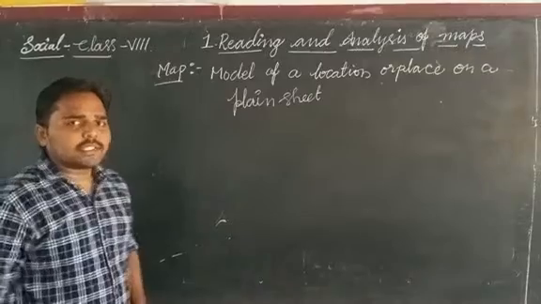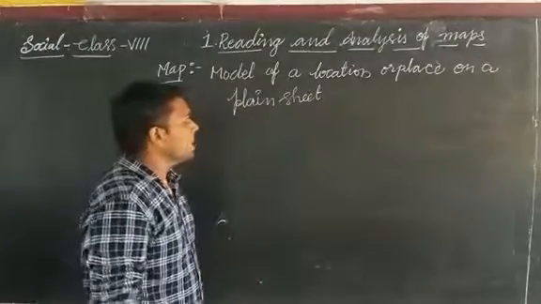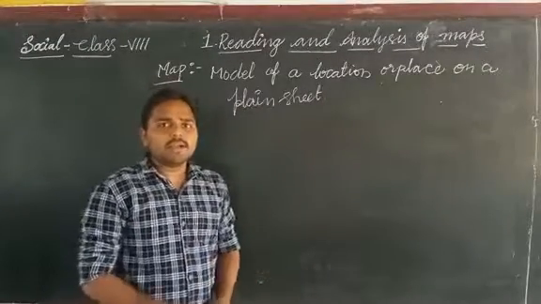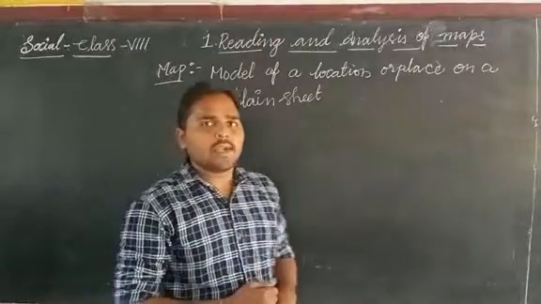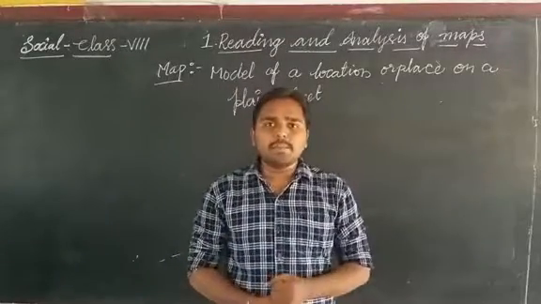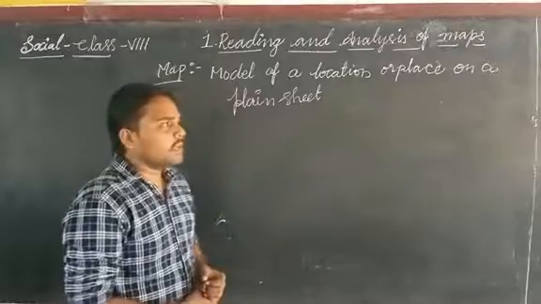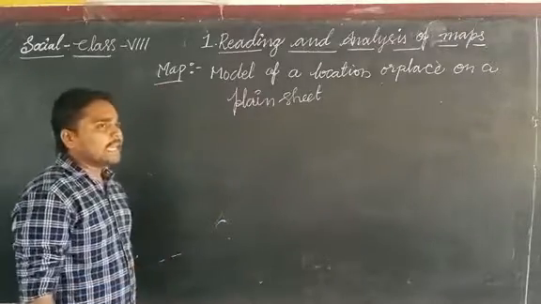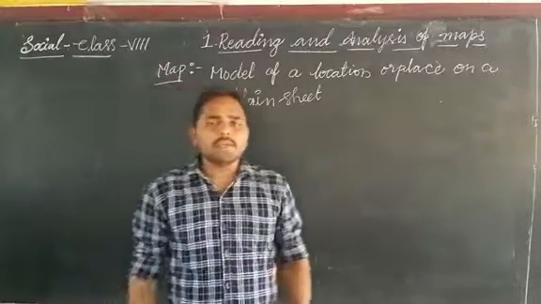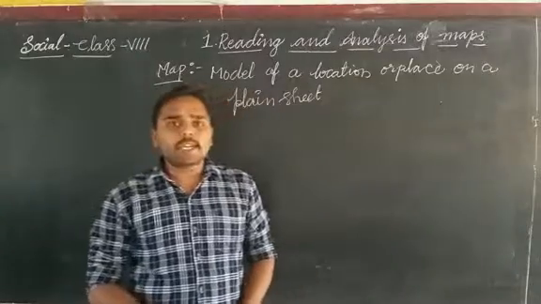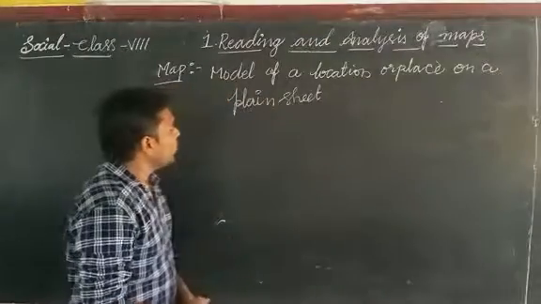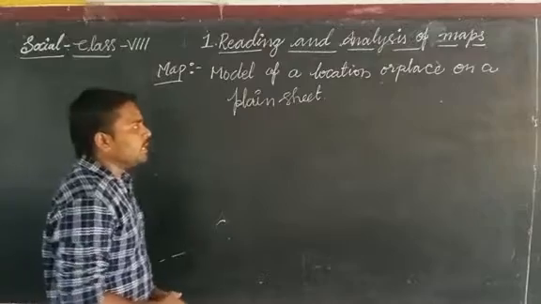In the previous classes, in class 6, we have learned how to read the maps and how to make the maps. With the help of three factors, we can read and make the maps.